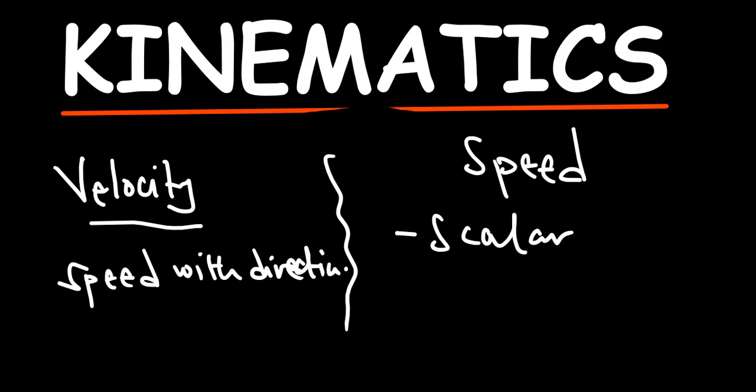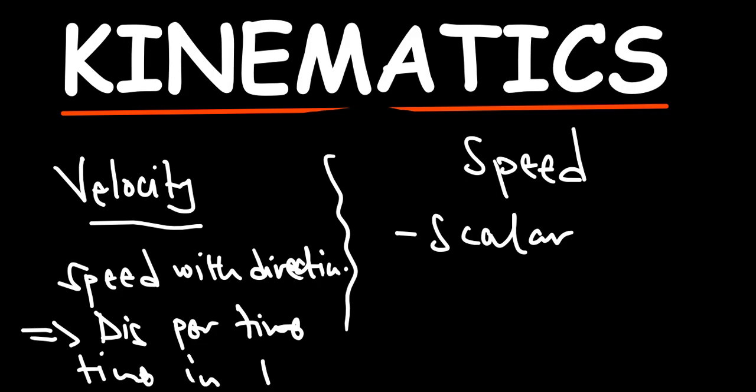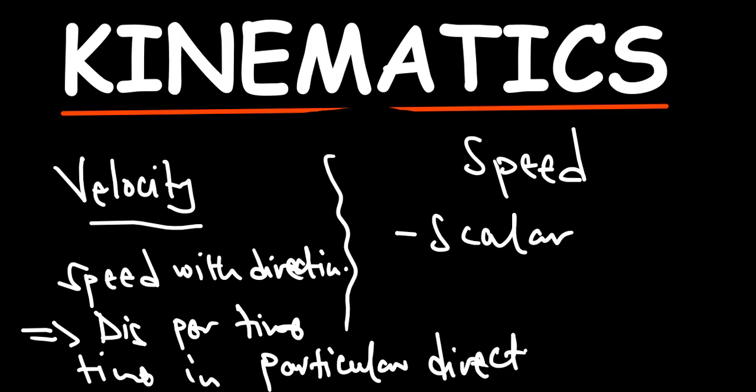The official definition is that velocity is the displacement per unit time in a particular direction. So whenever we talk about velocity, we'll be talking about a quantity that has direction.